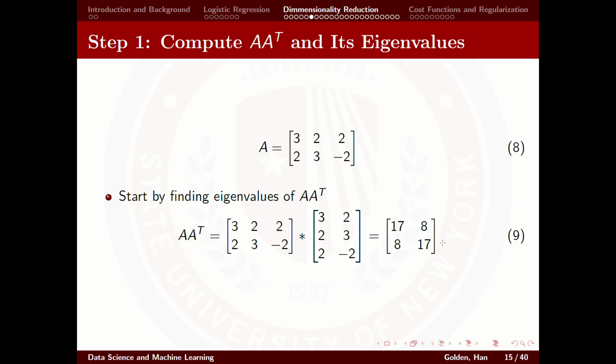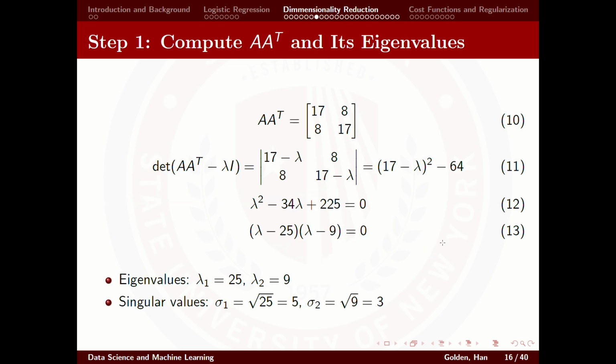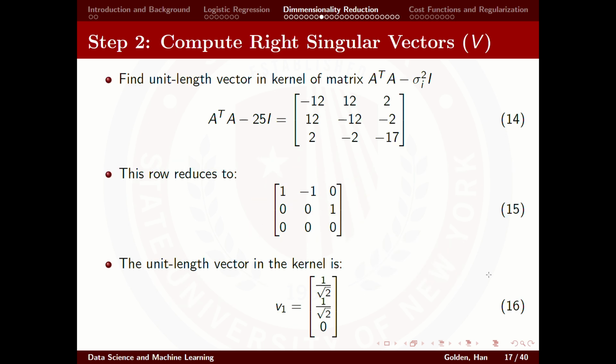17, 8, 8, 17. Then we're going to take the determinant, so A transpose A minus lambda I: 17 minus lambda, 8, 8, 17 minus lambda, giving 17 minus lambda squared minus 64. The roots of that are 25 and 9, so the singular values are 5 and 3.